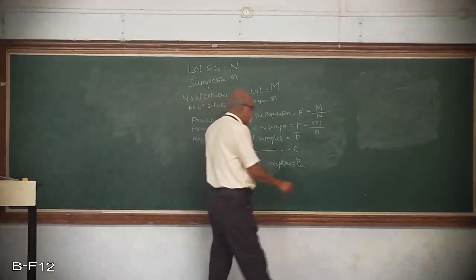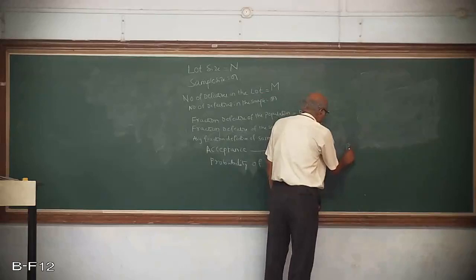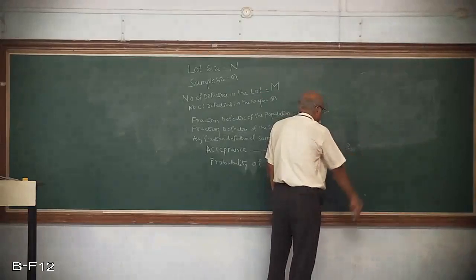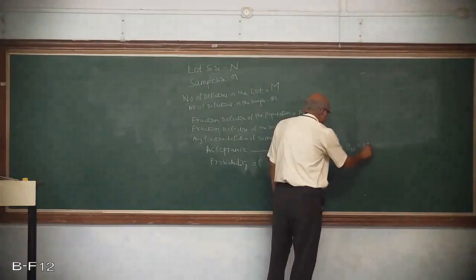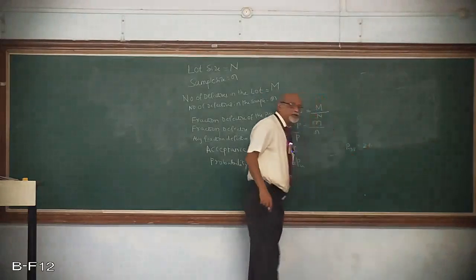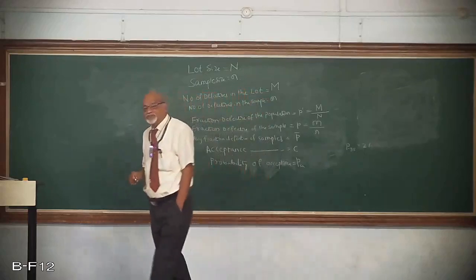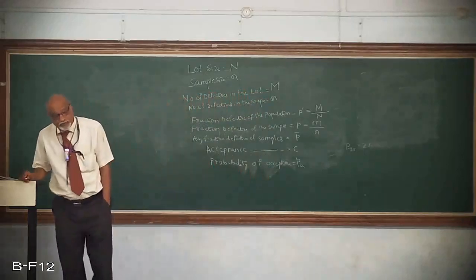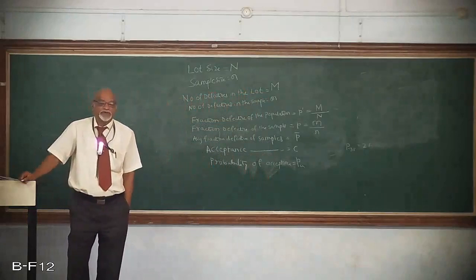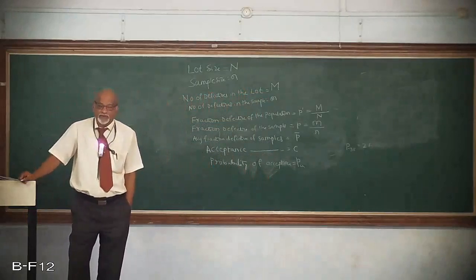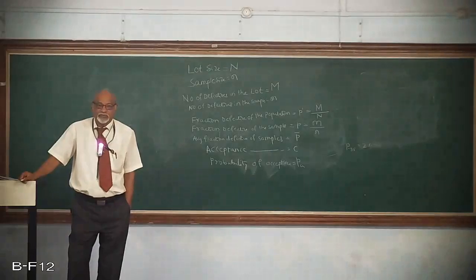I can write P.95 is equal to 2%. Means if the lot has got 2% defective, then its probability of acceptance is 0.95. P100: if it contains 0 defective, 100%.